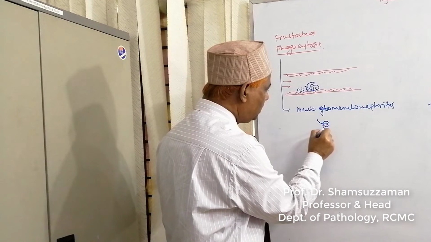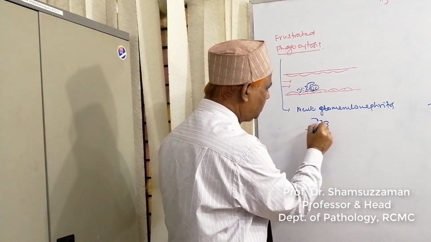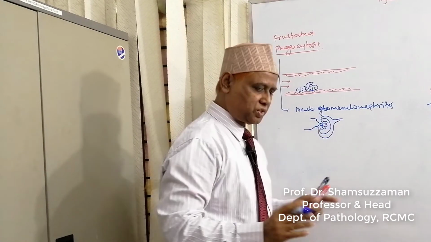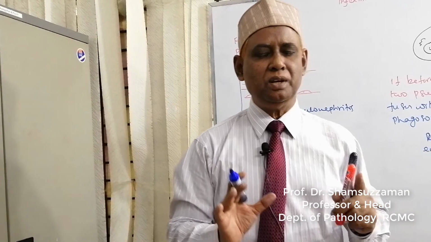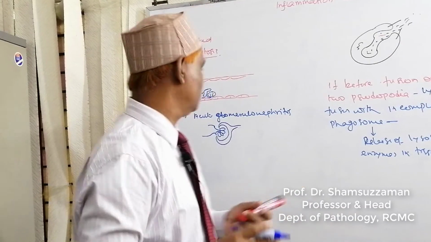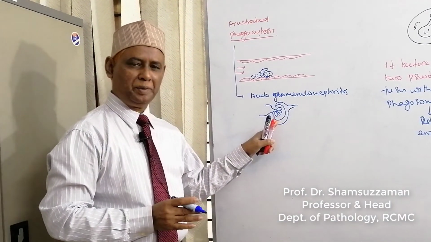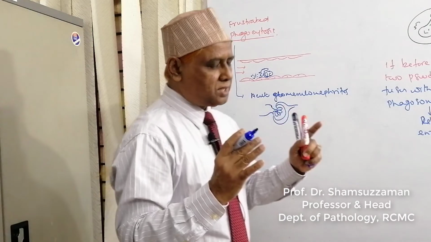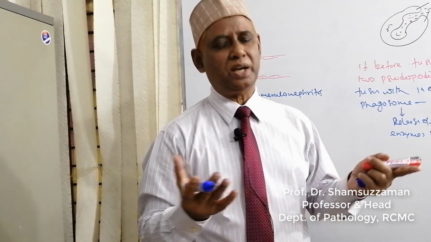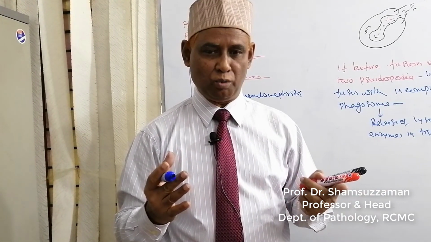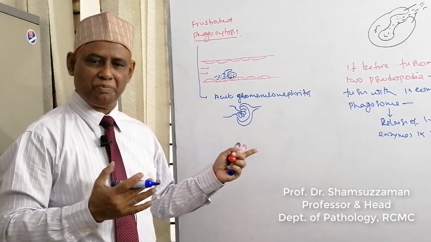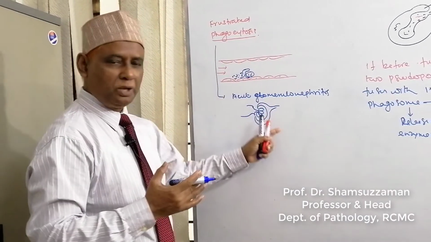In glomerular diseases, there are primary and secondary glomerular diseases, and you know the most important pathogenesis is the antibody dependent mechanism. What happens in the glomerular basement membrane? There is either fixed immune complex or circulating immune complex in the basement membrane of the glomerulus, and this immune complex activates the complement system, and there is acute glomerulonephritis.